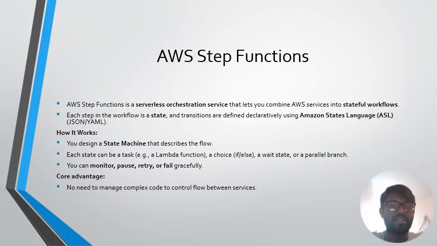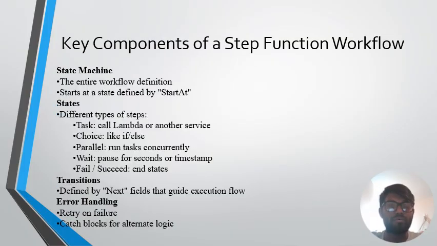It works as a design of a state machine that describes the flow. Each state can be a task, and it can monitor, pass, retry, or fail gracefully. The core advantage of AWS Step Functions is that there is no need to manage complex code to control the workflow.